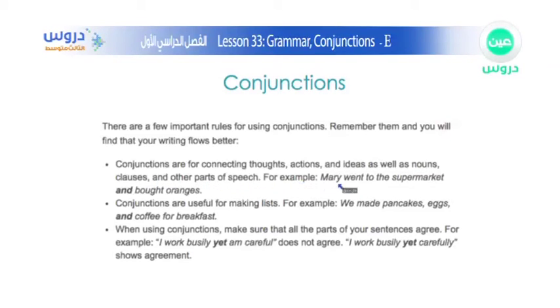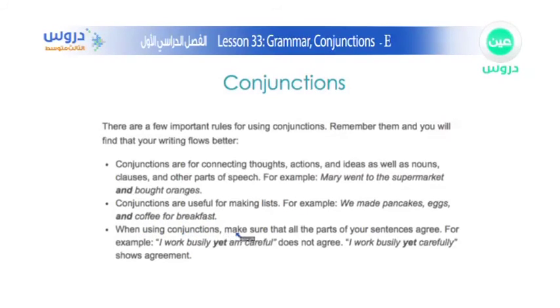For example, Mary went to the supermarket and bought oranges. Here we connected buying the oranges with going to the supermarket. Conjunctions are useful for making lists. For example, we made pancakes, eggs, and coffee for breakfast.